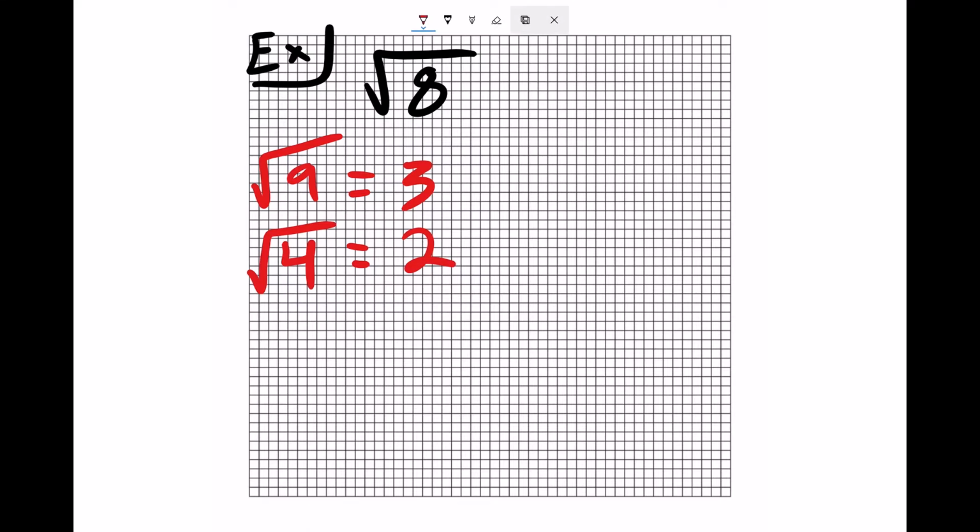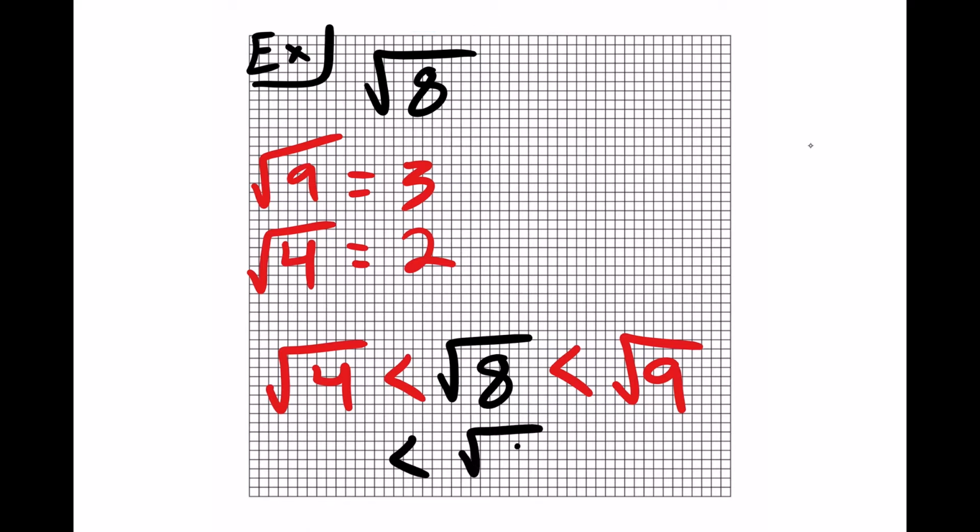So, if we were to align them, 4, 9, and our original problem in the middle, we are able to determine that the square root of 8 is somewhere between 2 and 3. We don't know what number it is exactly, but we are approximating. That is the essence of this lesson. It is what we are doing.